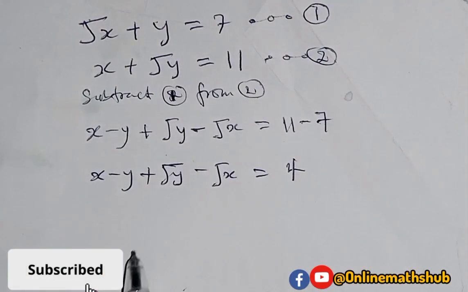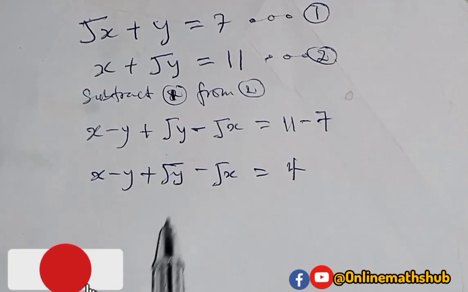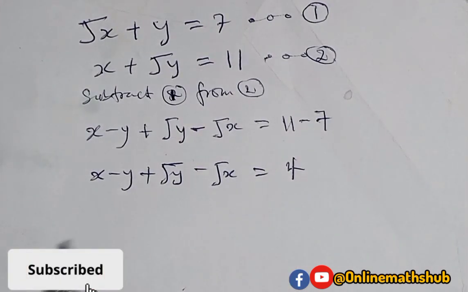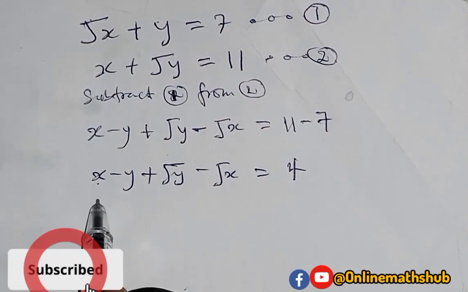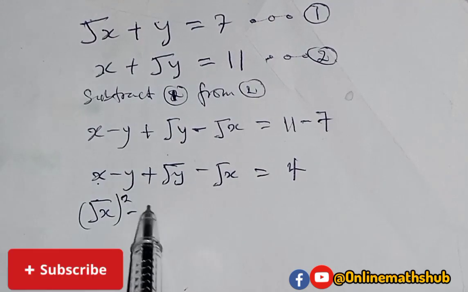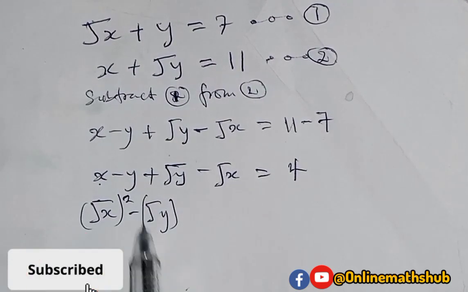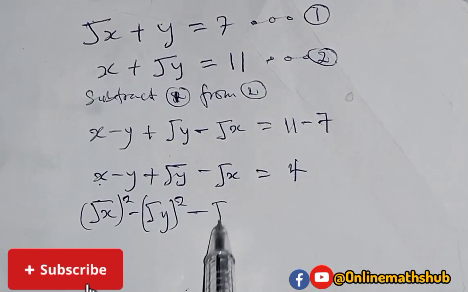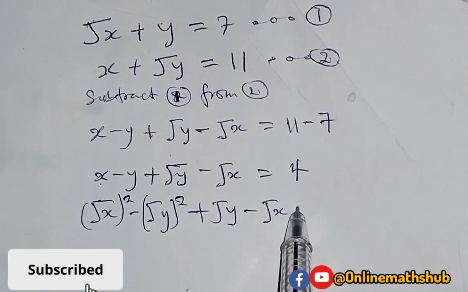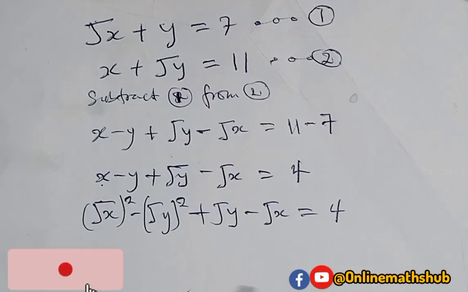Okay, now what I'm going to do again is manipulate all of these things to rewrite this in another form. You can also write this as root x squared minus root y squared, plus the other one as it is, minus root x, is equal to 4.